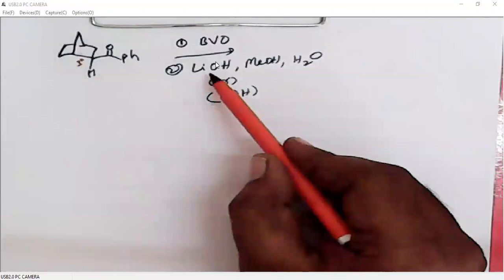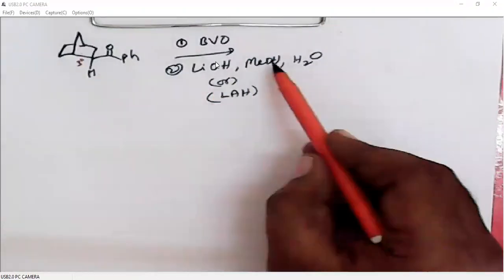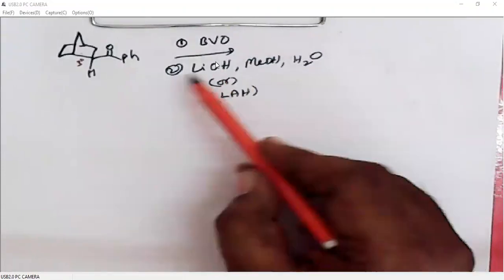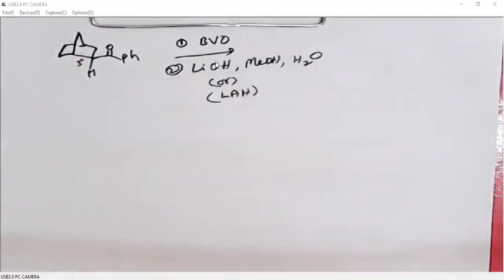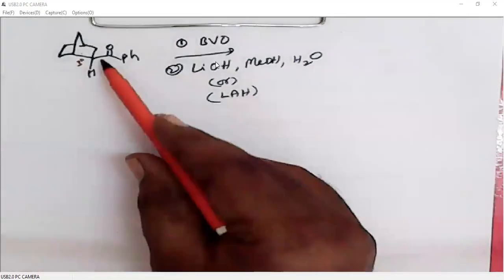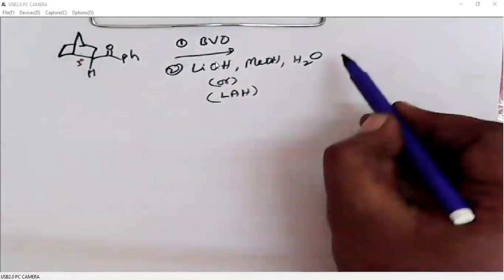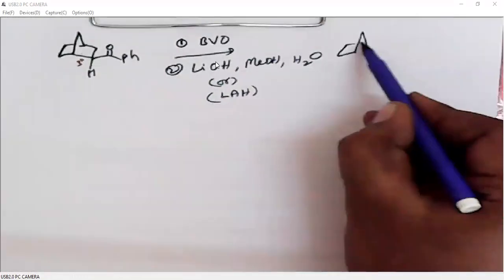What is lithium hydroxide? Like sodium hydroxide, it is saponification. That means hydrolysis of ester under basic conditions. Okay, when we do hydrolysis, what will we get? We will get OH on this side, other side it is benzoic acid. Here the stereochemistry of the alcohol will not be changed.